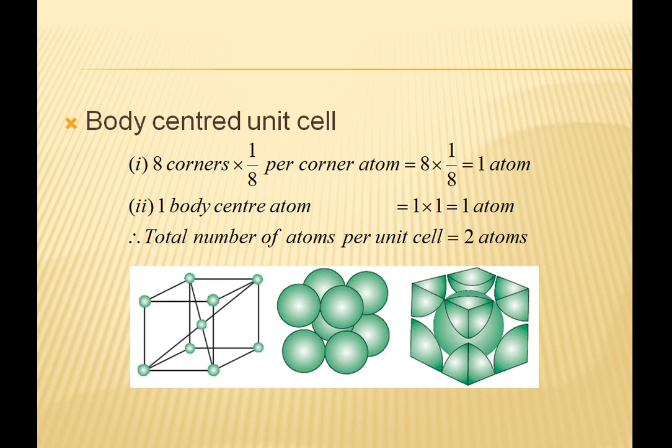So it will be 1 atom. But the particle which is present in the center of the unit cell, that will be completely for that unit cell only. Means the room in which you are sitting, if there is one big ball in that room, that ball will not be shared by any other room. So its contribution will be 1. So total number of atoms per unit cell, here it will be 2.